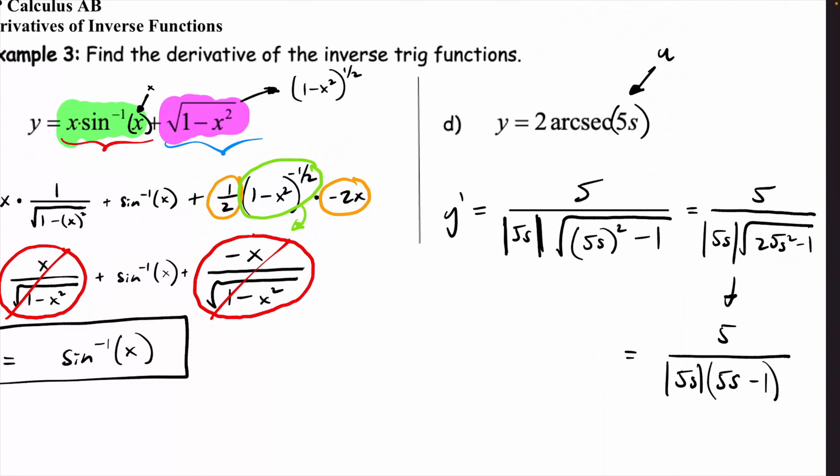It's squared, right? 25s squared minus 1. If students see 25s squared, the square root is 5s, minus 1, and the derivative is 1. Can I just write 5s minus 1? No, because that's not what it means. It means this.